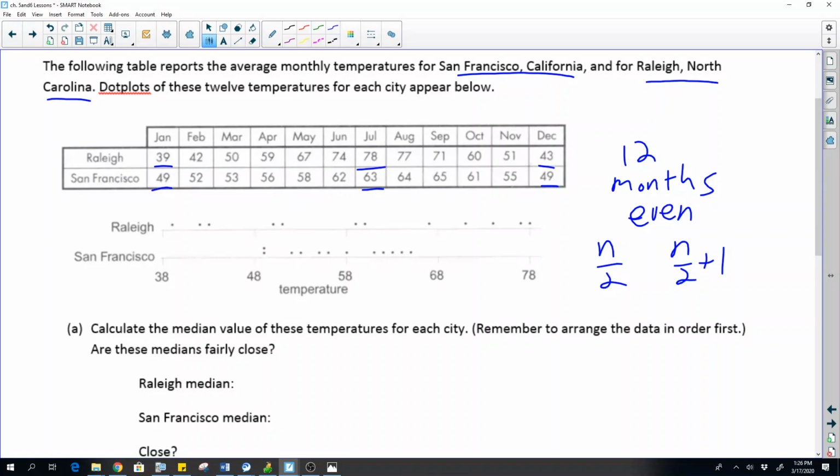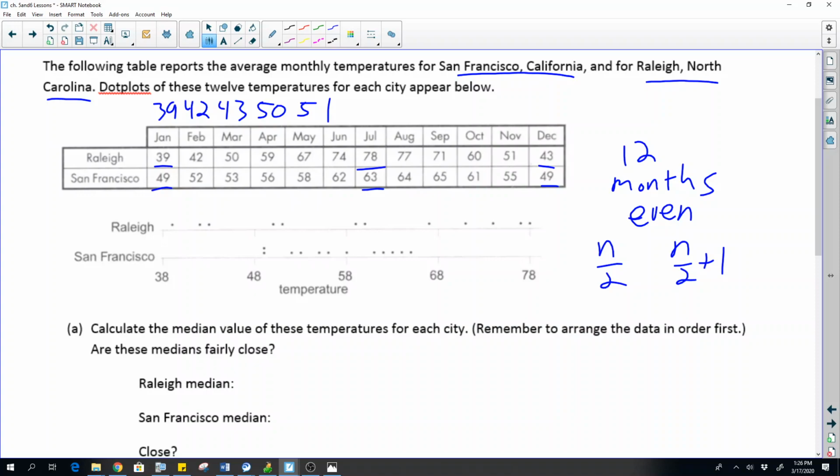We'll do Raleigh together, and then you need to do San Francisco. Okay, so Raleigh, we have 39, 42, 50, 59, 67, 74, 78. So almost in order, but we have to switch it around. So 39, then 42. Next is 43, then 50, then 51.